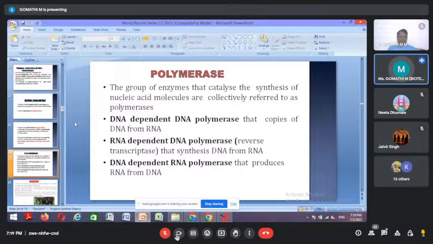These enzymes are grouped into 3 groups. One is DNA-dependent DNA polymerase. Another is RNA-dependent DNA polymerase, that is, it produces a DNA from RNA. And DNA-dependent RNA polymerase produces RNA from a DNA.